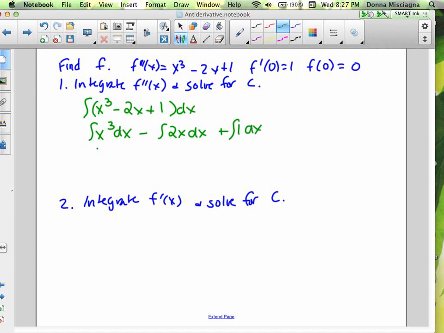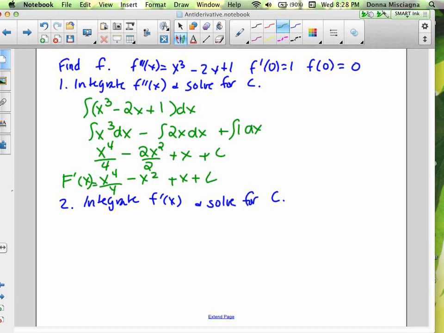So we'll increase by 1 and divide by the same thing. So x to the 4th divided by 4 minus 2x squared divided by 2 plus x plus the constant. And then we'll just reduce: x to the 4th divided by 4 minus x squared plus x plus c. And that's our first derivative.